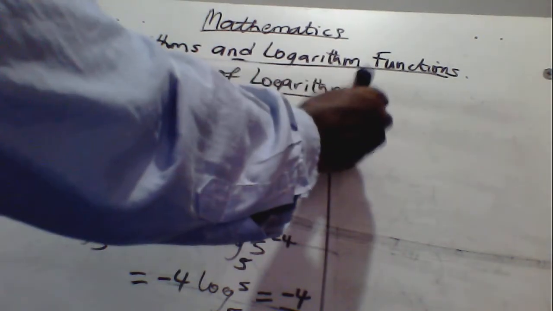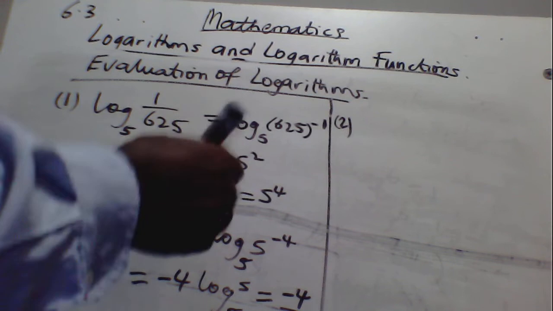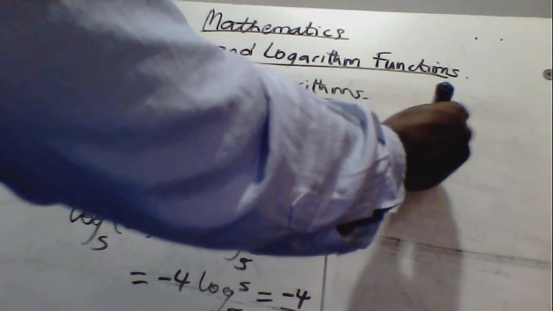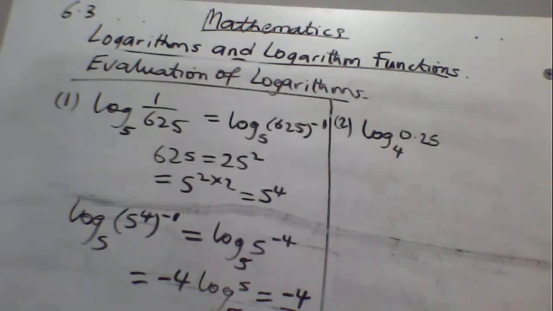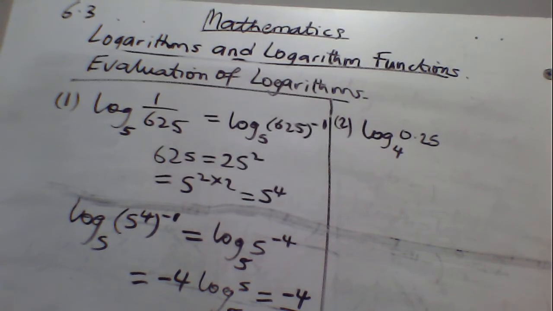So the second one. Have any question before we go to the second one? Consider log. If we are given log 0.25 to base 4, I hope you are following. In this case, convert this to a fraction.